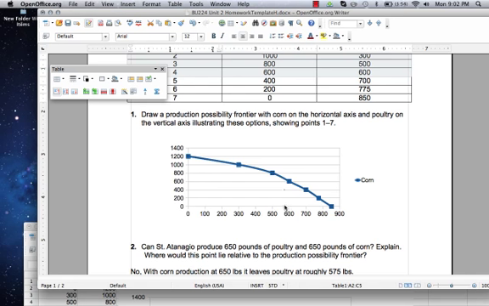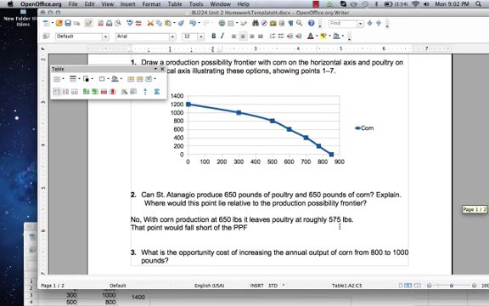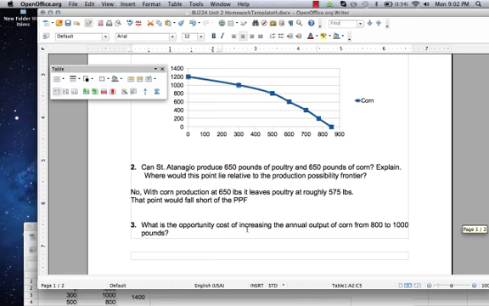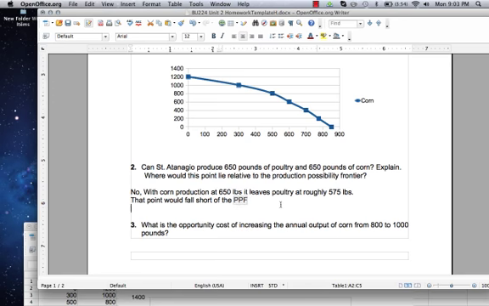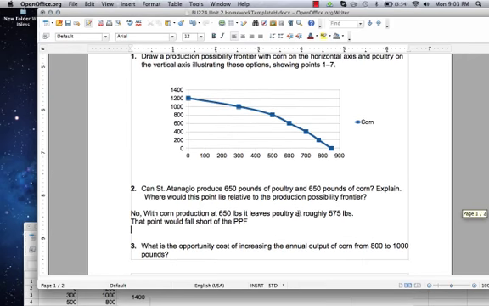And we'll see that no, we cannot. It's actually going to fall short of 650. It's actually going to be roughly about 575. This is our poultry. This is our corn. The point relative is going to fall short of the PPF, which is our production possibility frontier.